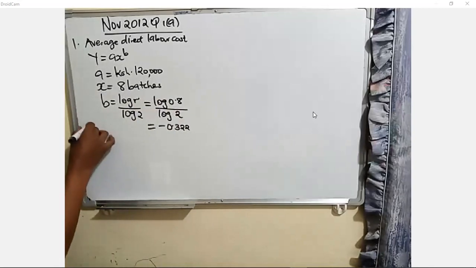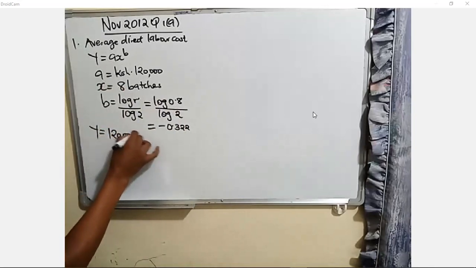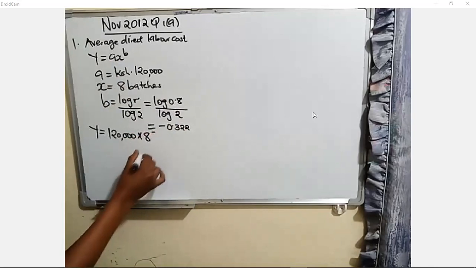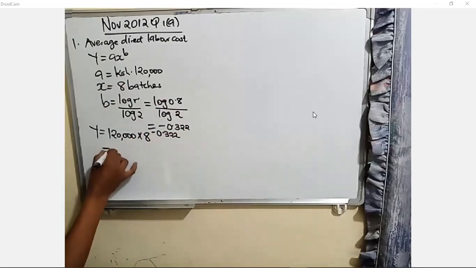Then from there, I say my Y should be equal to my A, which is 120,000. We multiply by the cumulative units, which is 8. But in this case, we raise to the power negative 0.322. Someone give me the answer in Kenya shillings.